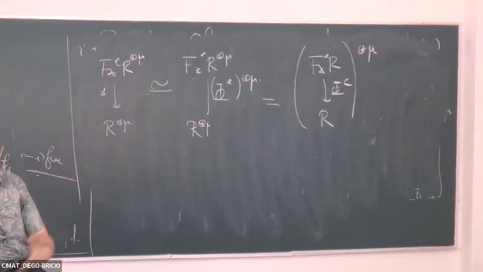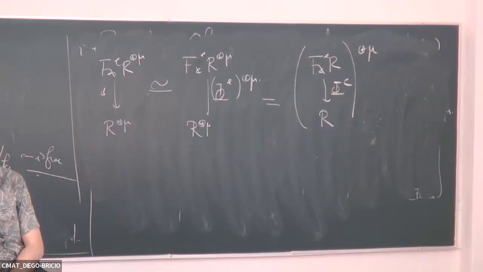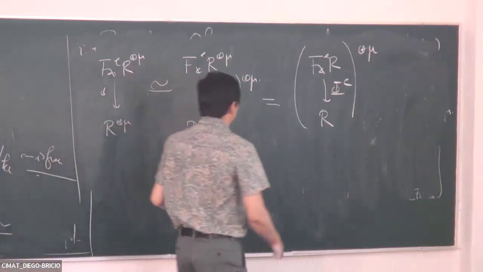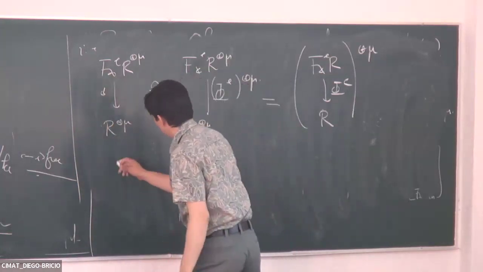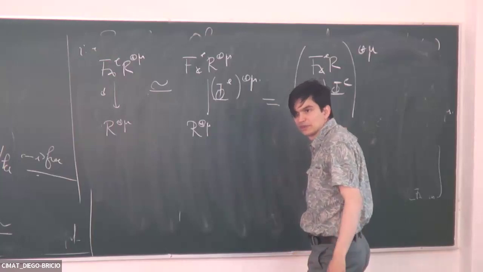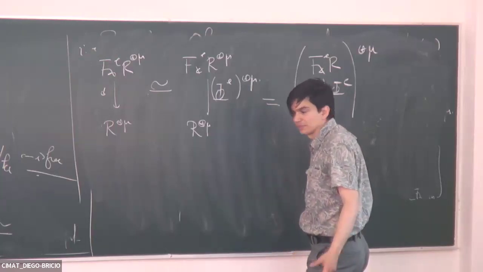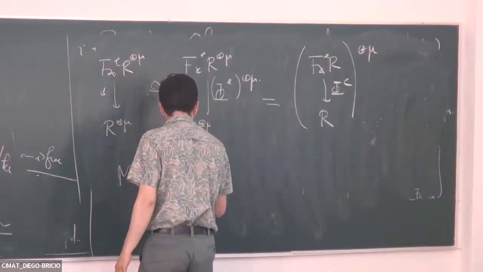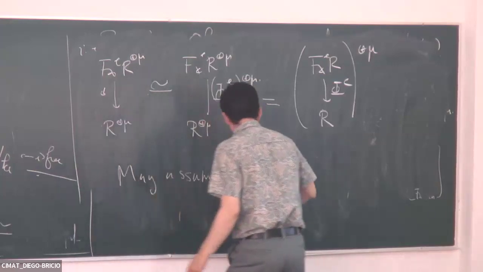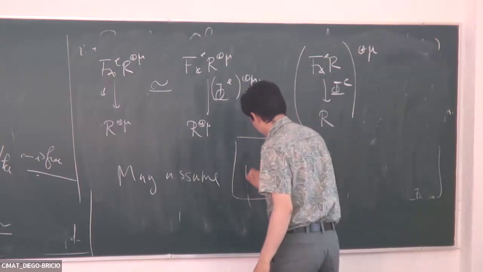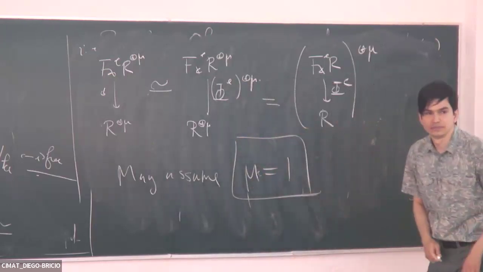The test module of a direct sum is the direct sum of the test modules. There is no rocket science behind that. So in other words, this one is F-regular if and only if each of them is F-regular generically. So, may I assume, okay.